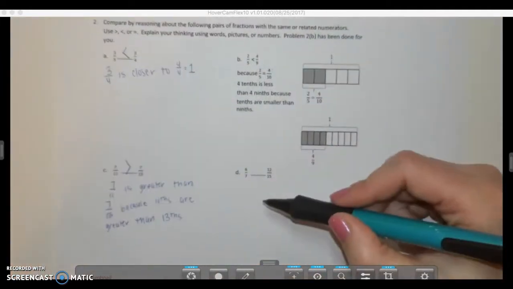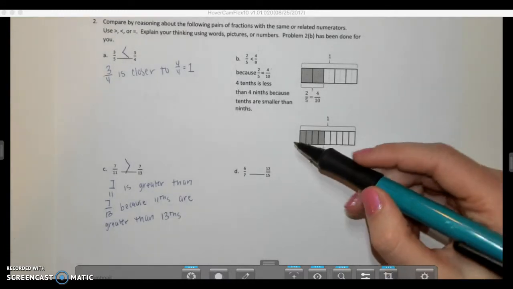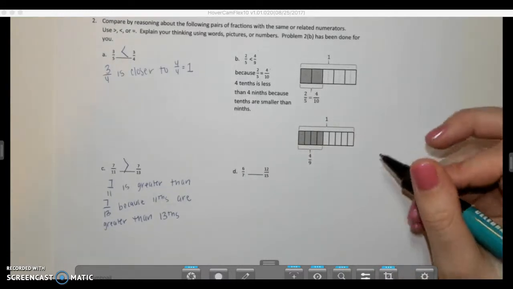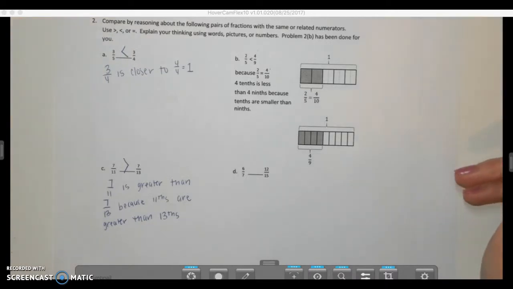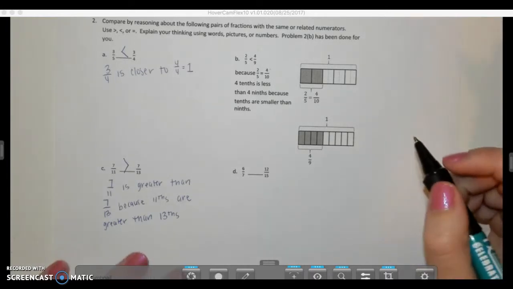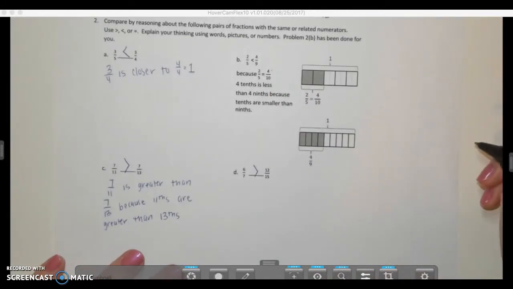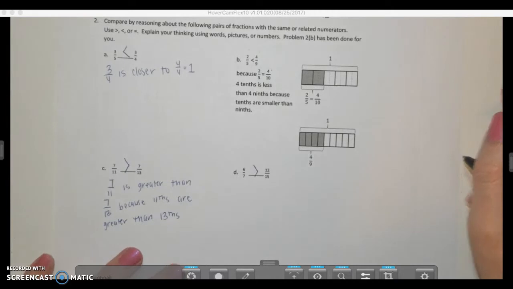Alright, and now our last one on this page, D, I have 6/7 and 12/15. And we can see that 6/7 is greater than 12/15, but I am going to explain it in a little bit of a different way.